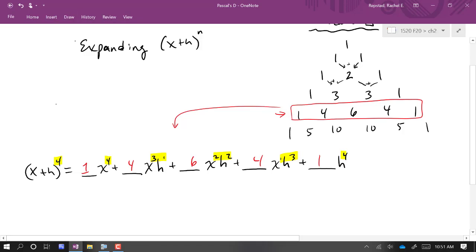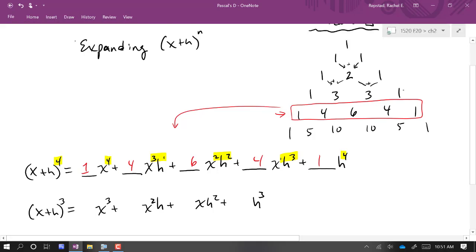And in the example that we're currently working on, back in the notes, we wanted x plus h cubed. So I'm going to start out with all x's, x cubed, and then I'm going to have an x squared h to the 1st, and then an x h squared, and then finally h cubed.